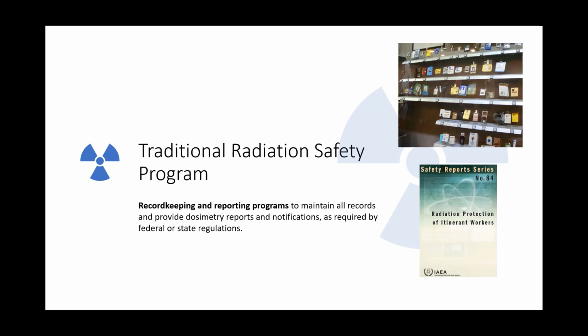Documentation or record-keeping and reporting programs are essential to a radiation safety program. We need record-keeping to maintain all records and provide reports and notifications as required by federal or state regulations.